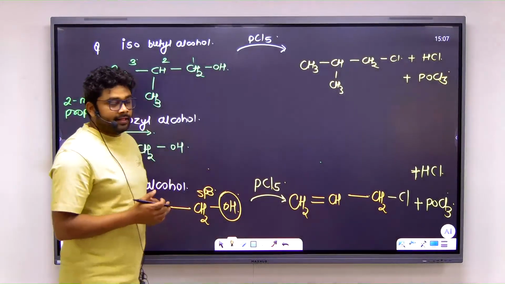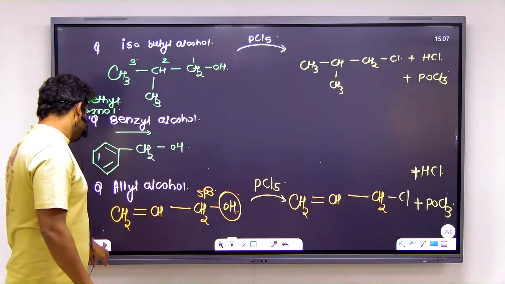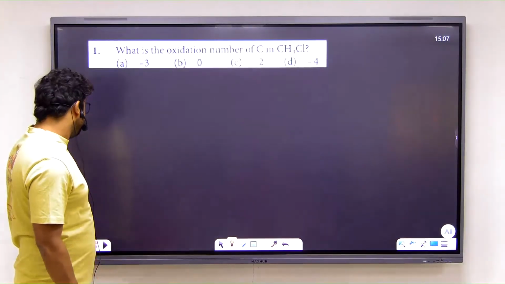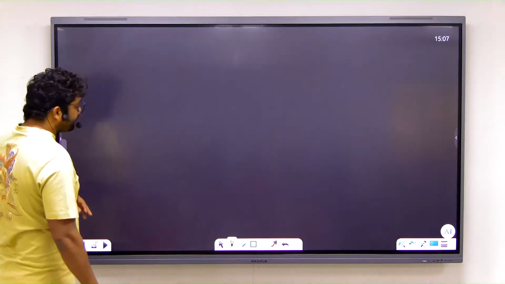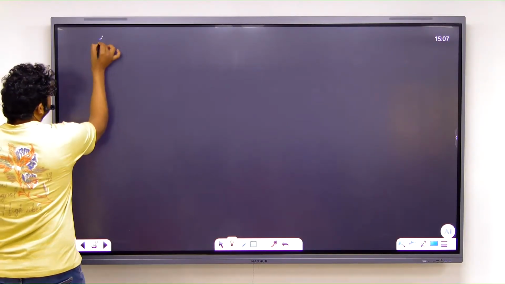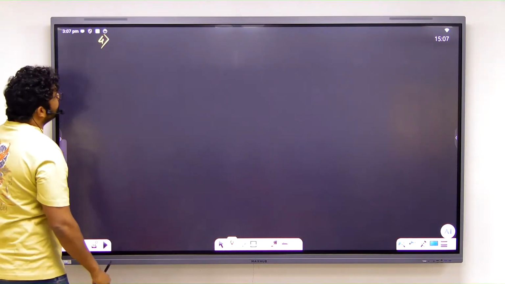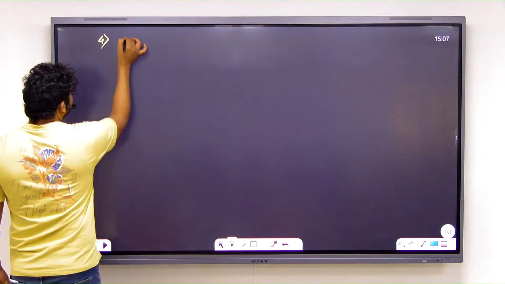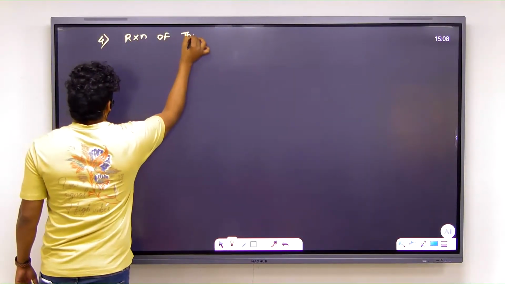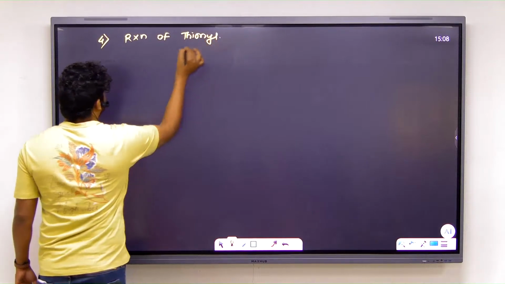So this is one more important methodology for the preparation of haloalkanes. The fourth one we are going to have is the reaction of thionyl chloride.